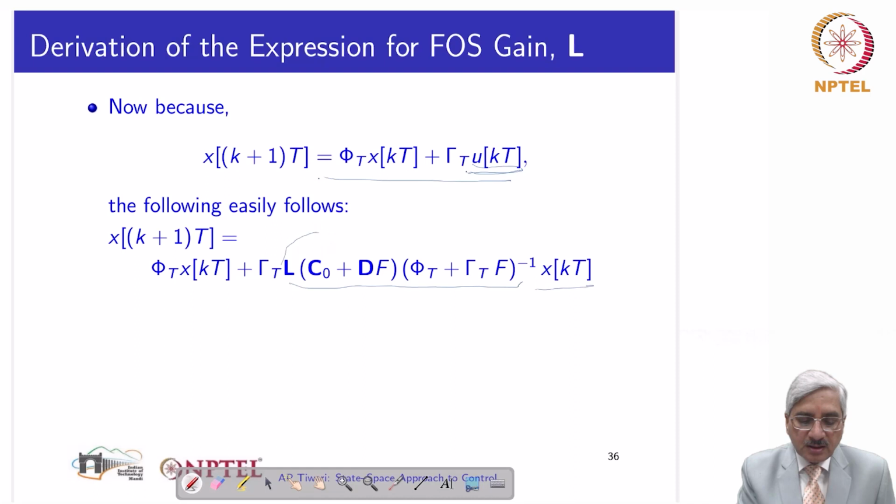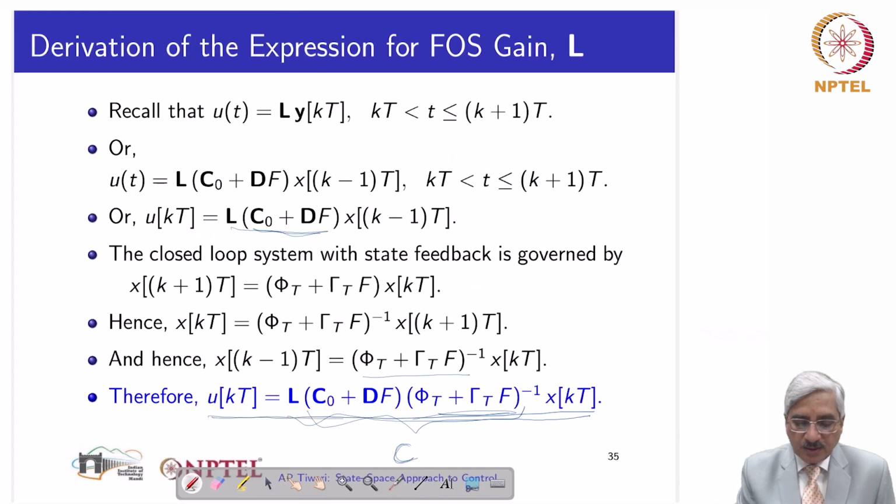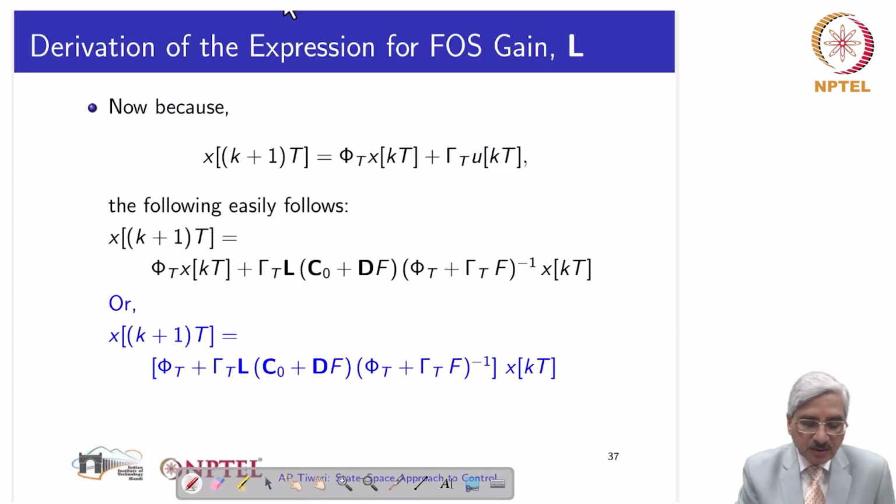This u(kτ) into x(t) we substituted by this one, which was derived here in the previous slide. That gives the closed loop system: φτ plus this whole matrix into x(kτ).